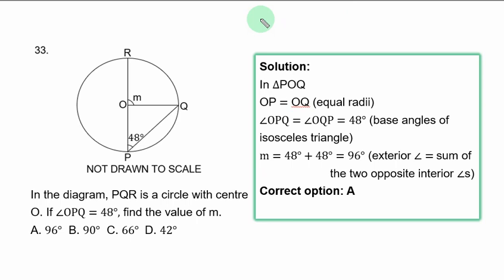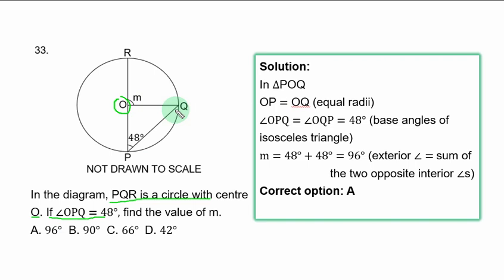Question 33. In the diagram, PQ is a circle with center O. If angle OPQ is 48 degrees, find the value of M. Now, if O is the center, it means PR is a diameter and OP is a radius, OQ is also a radius.